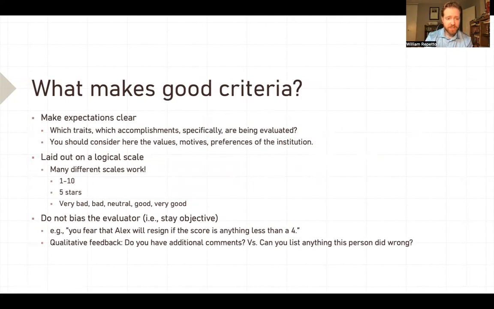They should be laid out on a logical scale, as I mentioned in the last slide as well. It probably should have started at 0, but many different scales work. You can do 1 through 10. You can do the 5-star system, like I think Yelp uses. And then this is called the Likert scale. You might have seen it in a lot of different surveys you've taken. Basically very bad up through very good, with bad, neutral, and good in between.